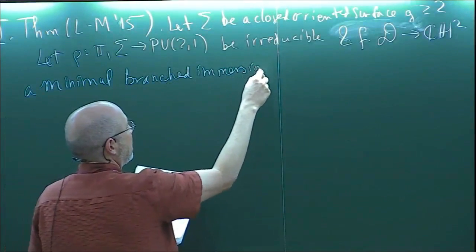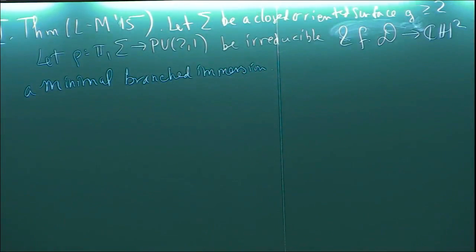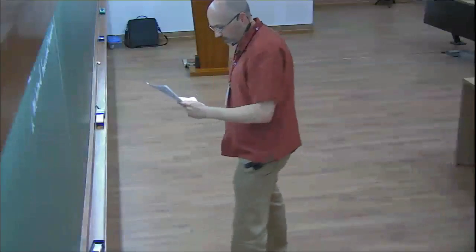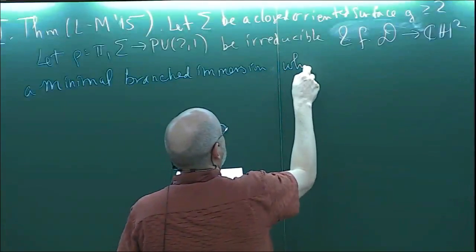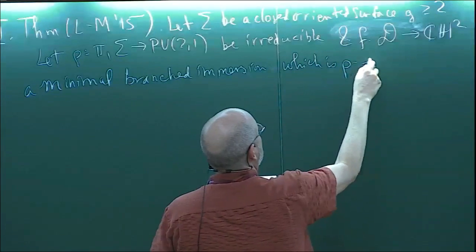So in particular, generically it's just going to be a minimal immersion, but we can handle the case of branch points, which comes up often in minimal surfaces of higher codimension, and which is rho equivariant.